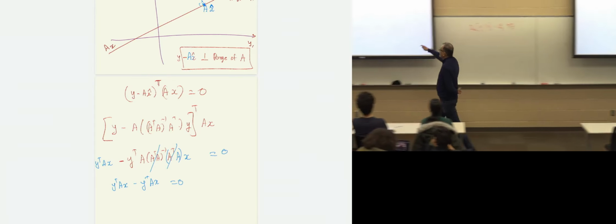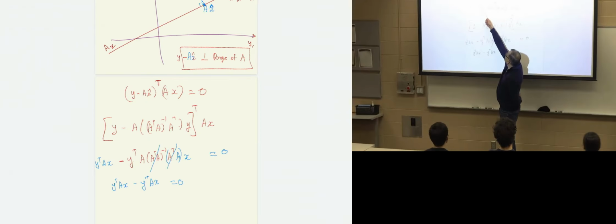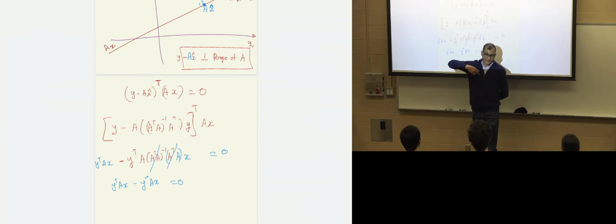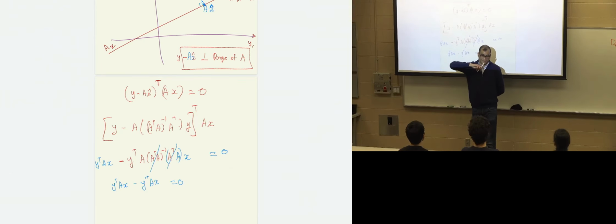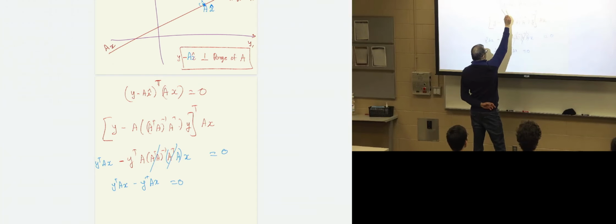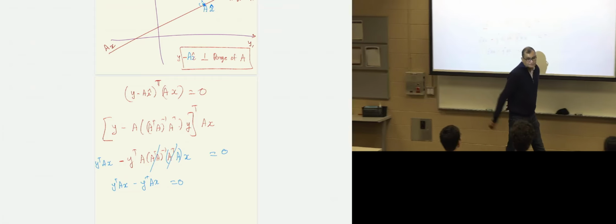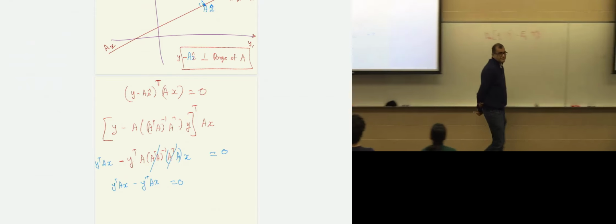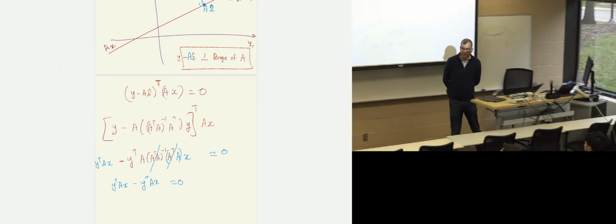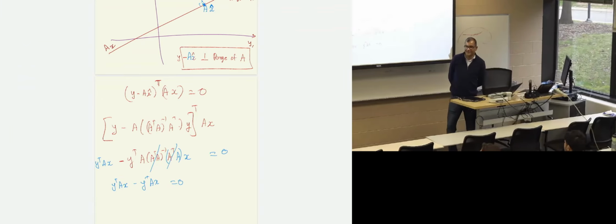Because this is a vector, and the transpose of a vector times a vector is just a scalar. A is a matrix, but x is a vector and y is a vector. So this is just a vector transpose times a vector. Okay. But good to think at that level of granularity.